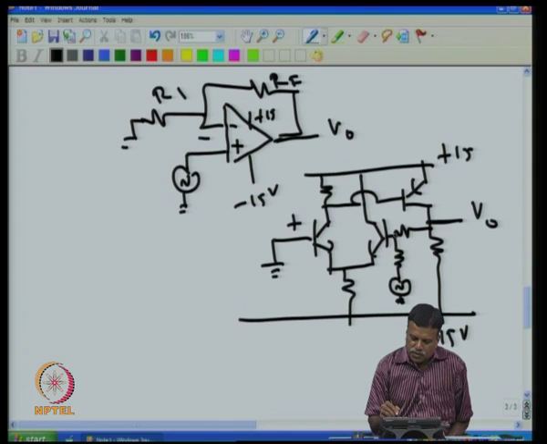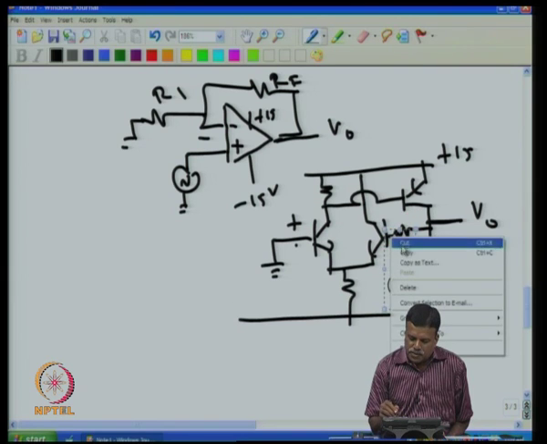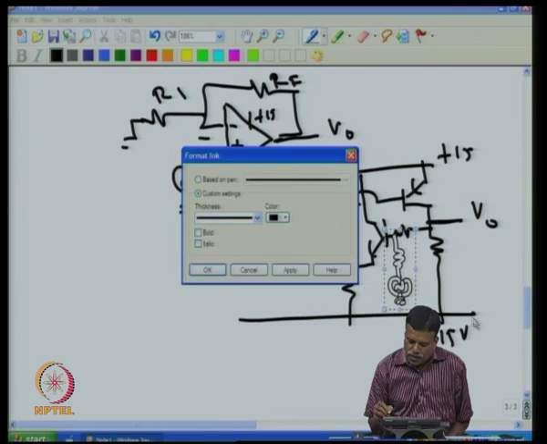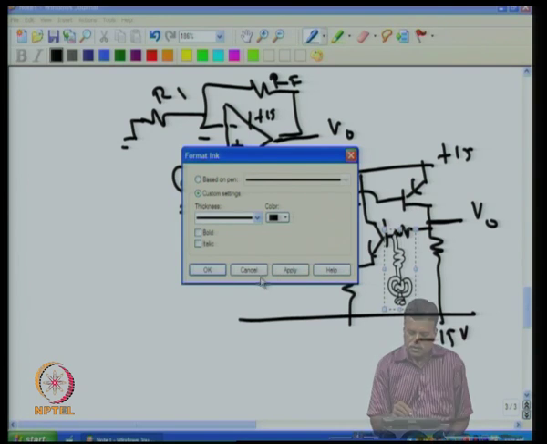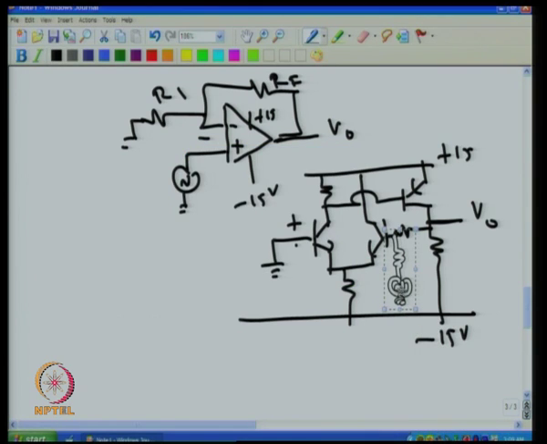Now at this point you have two contributions, one from the signal source, other from the output. Since this is 0, this also has to come to 0. What happens is, if this is 0, this has to come to 0, but at this point you have two contributions, one from the signal, another from the output.